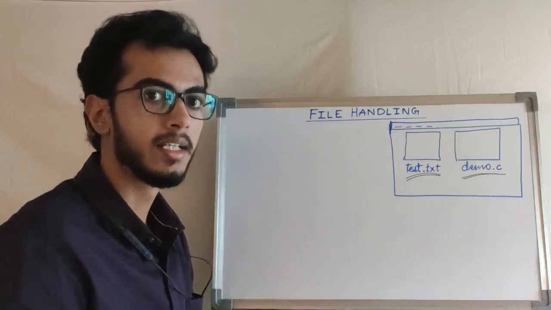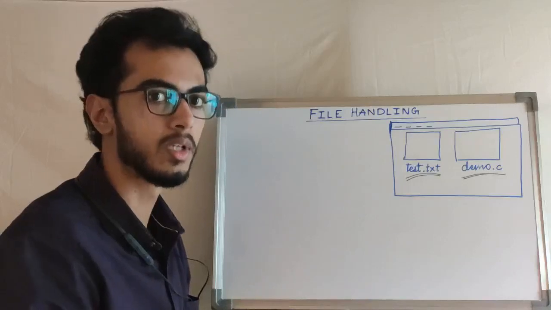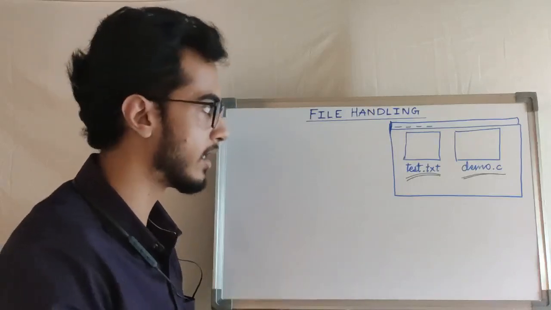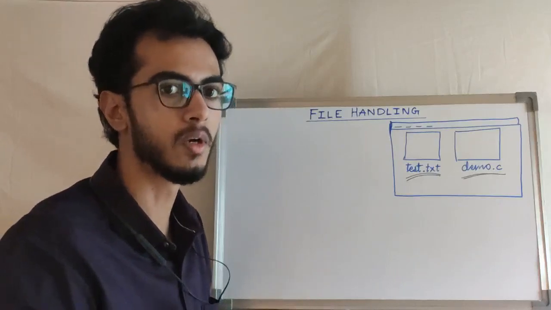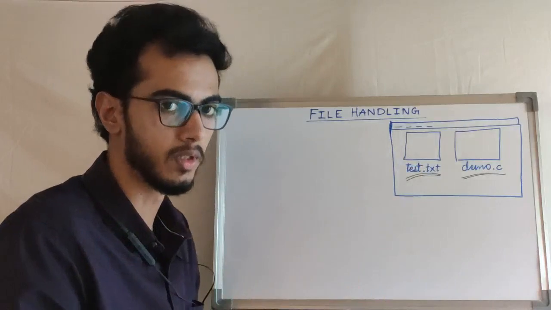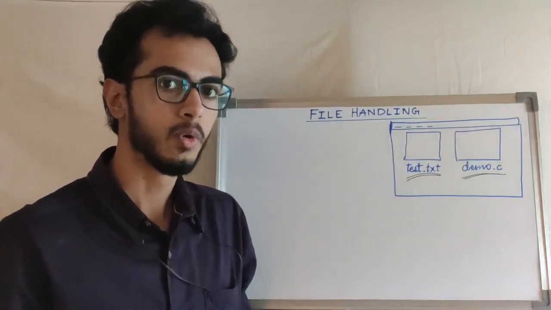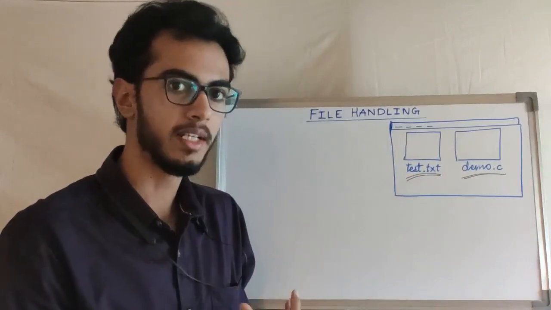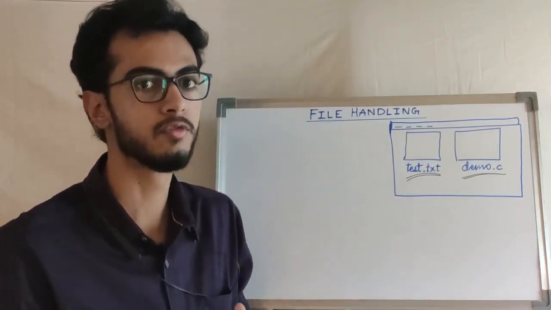The data that you enter through the keyboard will be permanently stored inside a text file. You can give it any name and keep it in the same folder where you have stored your .c file. Please keep in mind that both files, the text file and the .c file, which is your C program, have to be in the same folder.